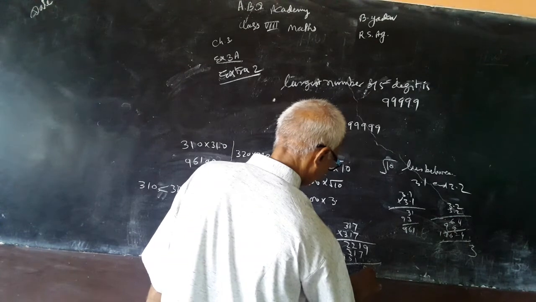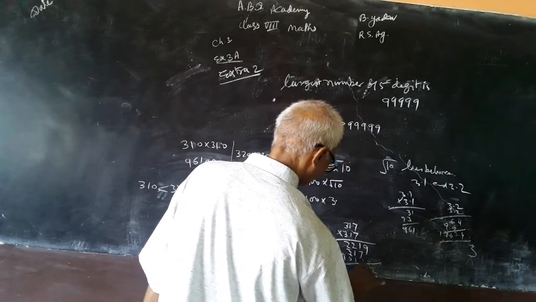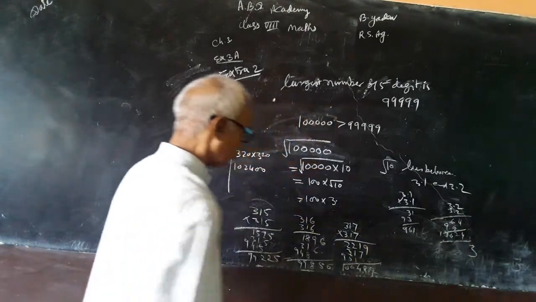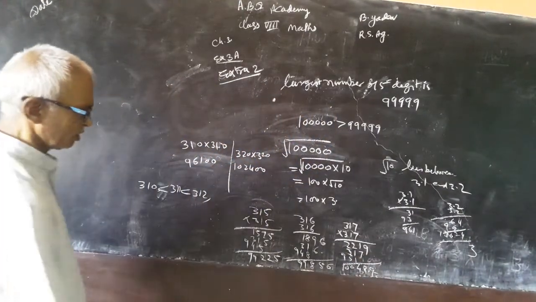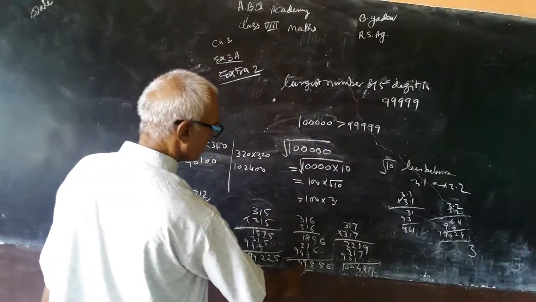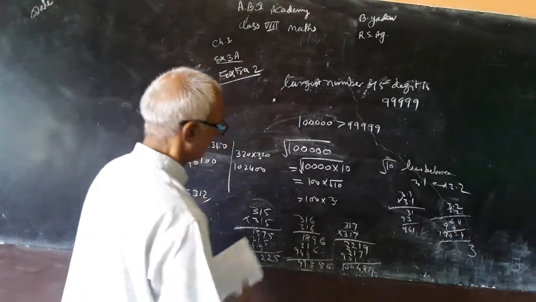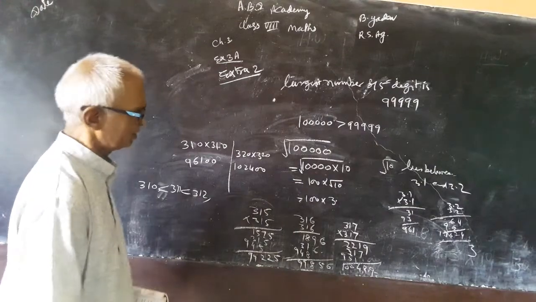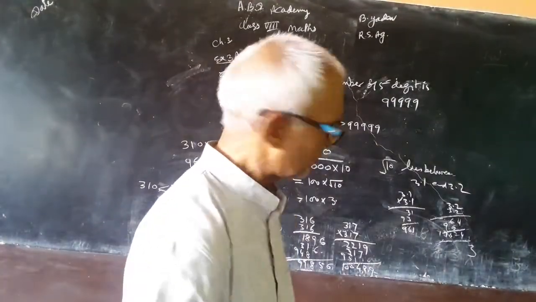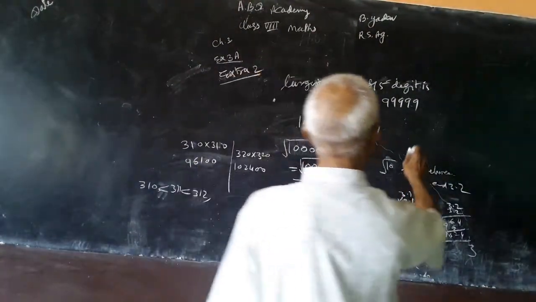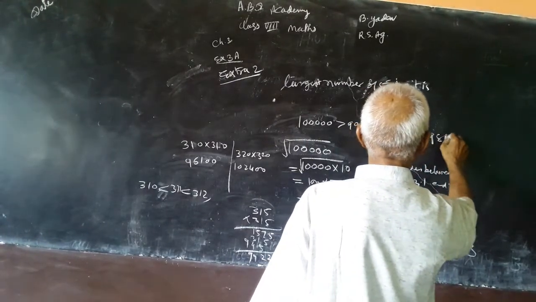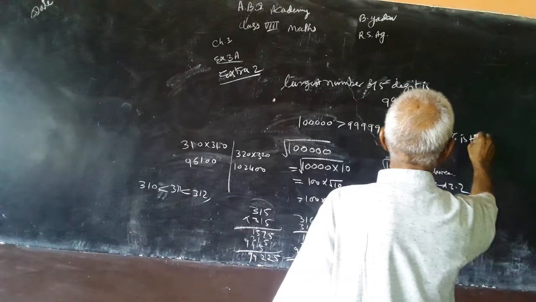Now 317 goes. Therefore, the square number here is 99856. So the largest number of 5 digits becomes difficult here. Therefore, this 99856 is the largest.